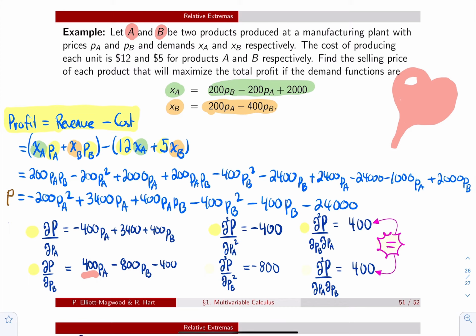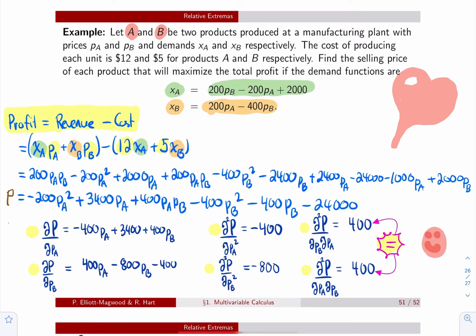If you take del P over del PB and differentiate again with respect to PB, you're going to get minus 800. And if you take del P over del PA and differentiate with respect to PB, you're going to get 400 again. And of course, these two mixed partial derivatives have to be equal. If not, you made a mistake somewhere.